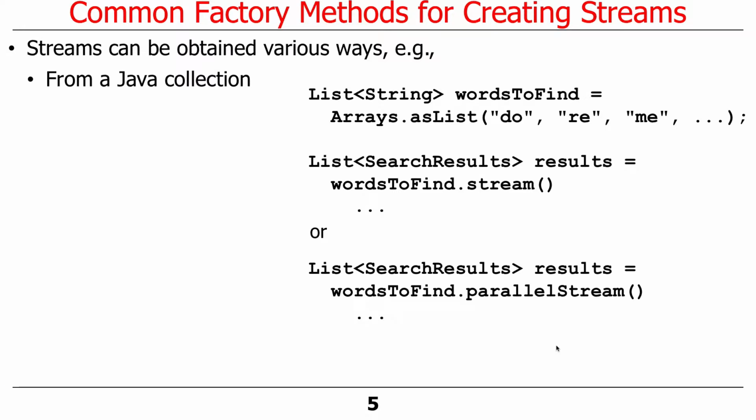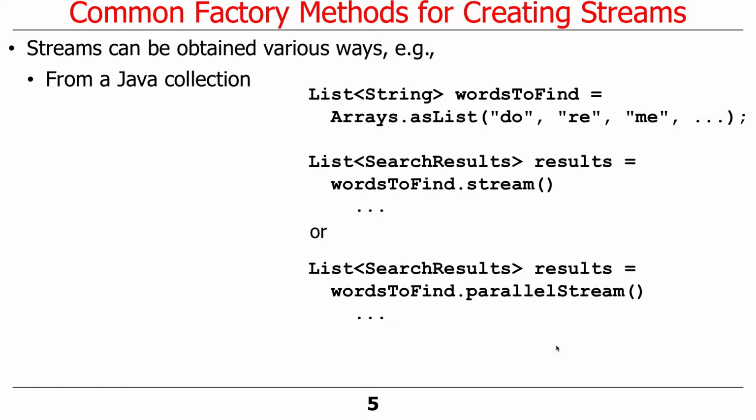Here's the most common way of doing this, which is basically using factory methods from a Java collection. If you recall, the Collection interface in Java has two methods that everybody gets by default: stream and parallelStream.